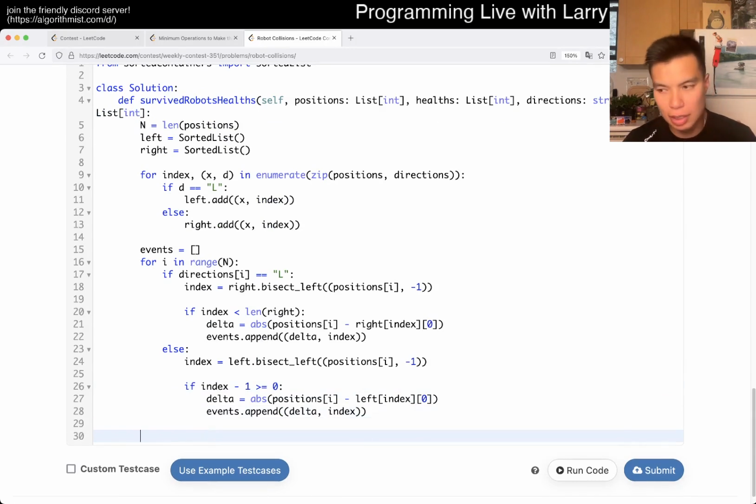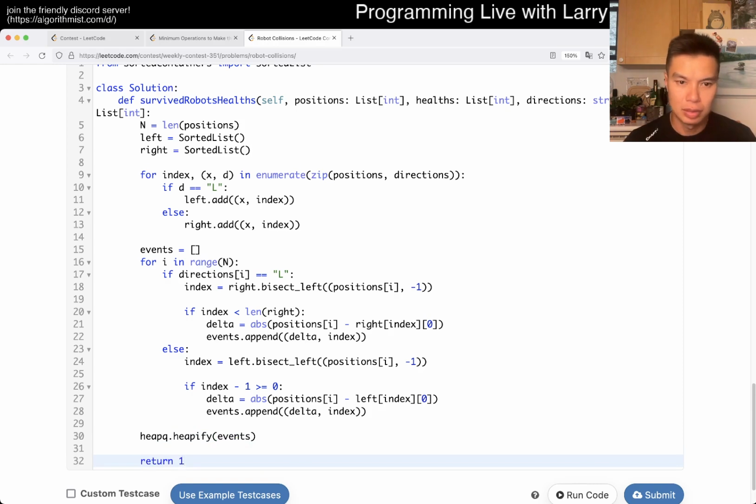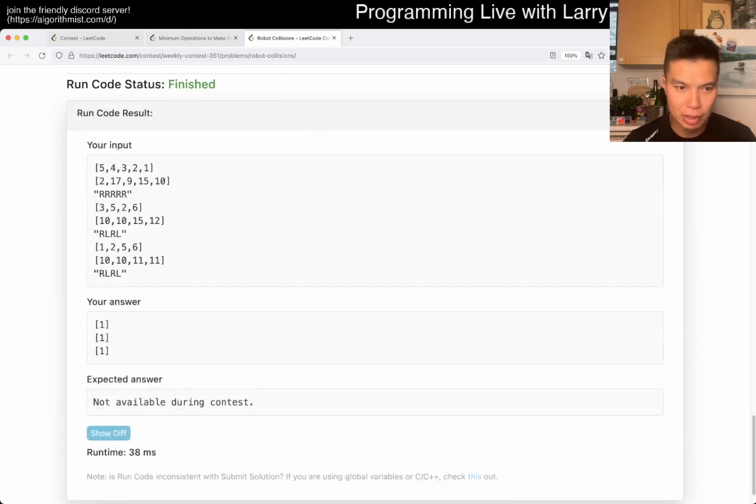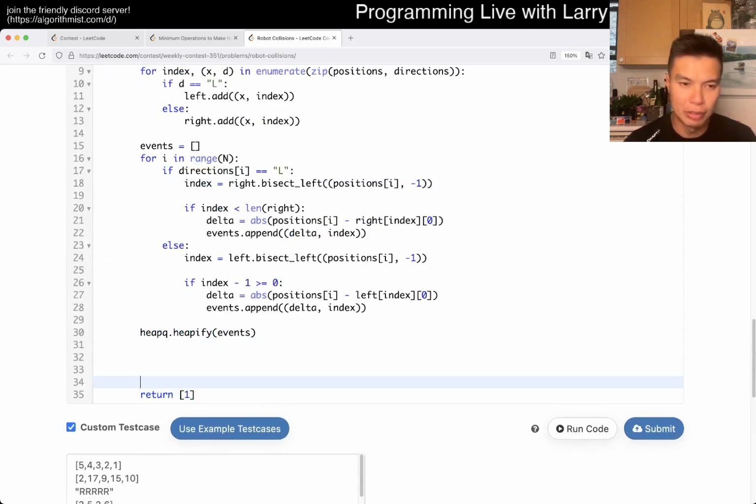Okay, and then now heapify. Just running it to see if I wrote anything weird. Alright, looks okay. Didn't give me any error.